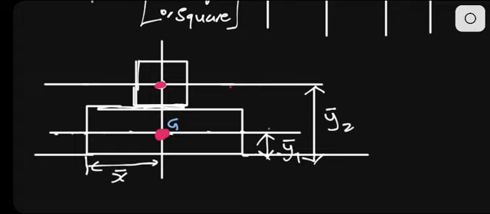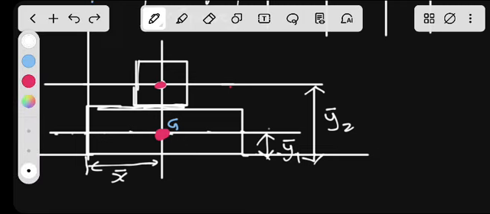So x bar, we take it from the vertical, or the origin, you can say from the horizontal. If I make the line like this, the way it starts from there, this is the distance from there. Now the second x bar will be the same.